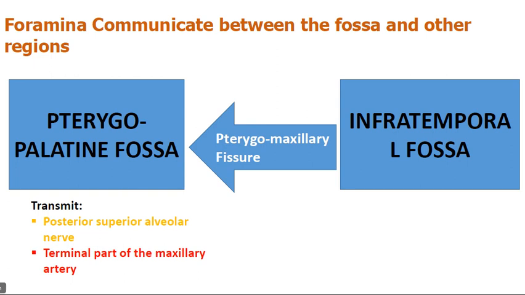So we have the posterior superior alveolar nerve that supplies the upper jaw, and the terminal part of the maxillary artery, which passes through the pterygopalatine fossa.